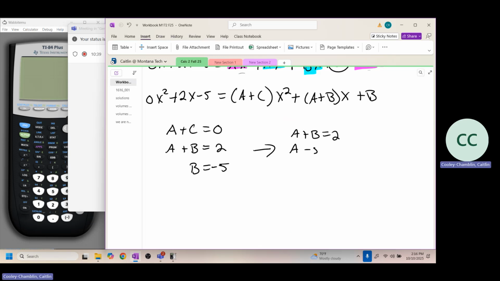So a minus 5 equals 2. So a equals 7. And then I also have a plus c equals 0. A is 7. So 7 plus c is 0. So c equals negative 7.